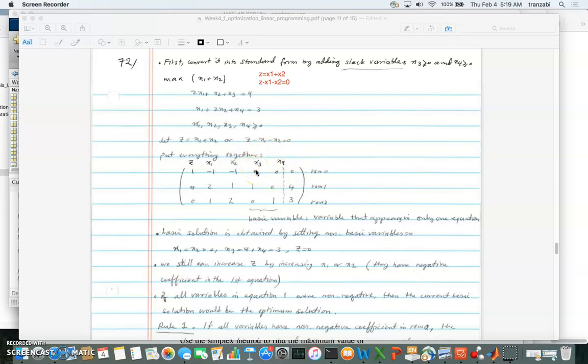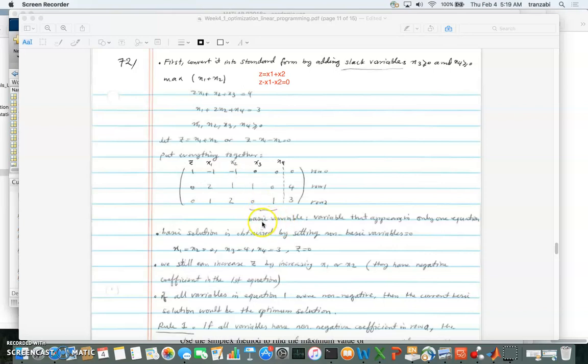The other variables like x1 and x2, not z. Z is in the objective function, so we do not talk about z for now. Other than x3 and x4, which are basic or slack variables, the other variables are called non-basic ones. In this case, non-basic ones are x1 and x2.